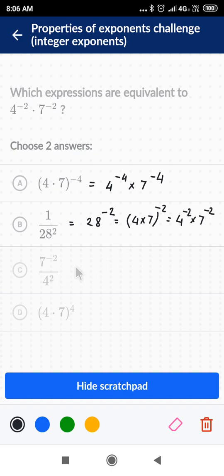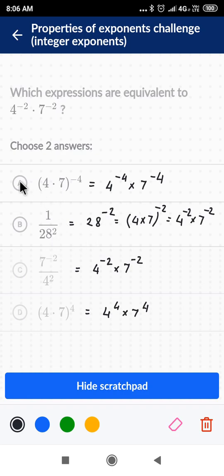C is 7 to the power minus 2 by 4 to the power 2. So we'll take 4 to the power 2 up, so it will become 4 to the power minus 2 into 7 to the power minus 2. D is 4 to the power 4 into 7 to the power 4. So now start comparing. 4 to the power minus 2, 7 to the power minus 2.